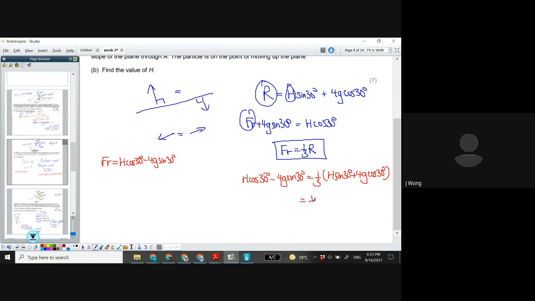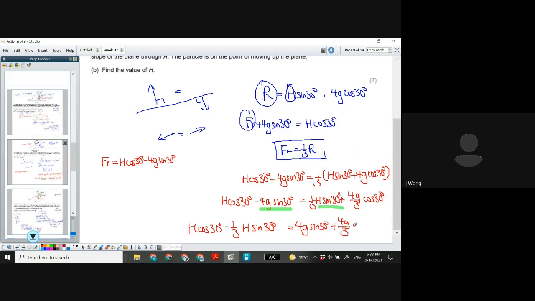So a third h sine 30 degrees plus 4g divided by 3 cos 30 degrees. Nothing changed on the left hand side. So I'm just going to change the position of these two terms here. Okay. So we'll have h cos 30 degrees subtract a third h sine 30 degrees equals 4g sine 30 degrees plus 4g divided by 3 cos 30 degrees. Okay?